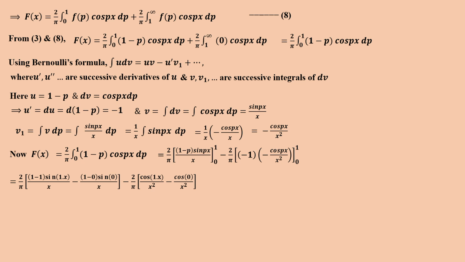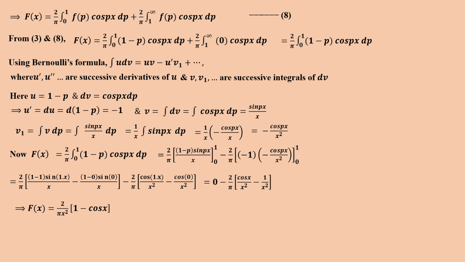The remaining integral is now minus 2 divided by pi cos, upper limit, right? So upper limit is cos 1 into x by x square, minus cos 0, lower limit, by x square. So that is equal to minus 2 divided by pi times (cos x by x square minus 1 by x square).